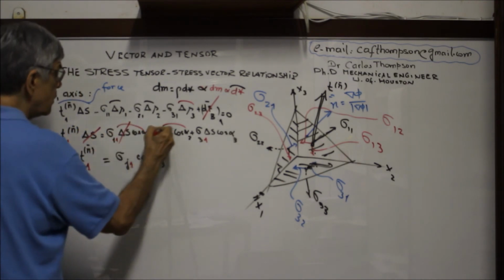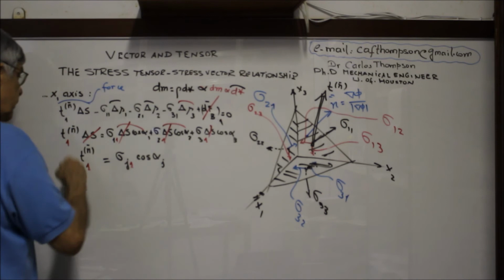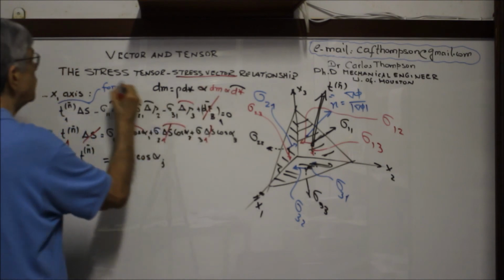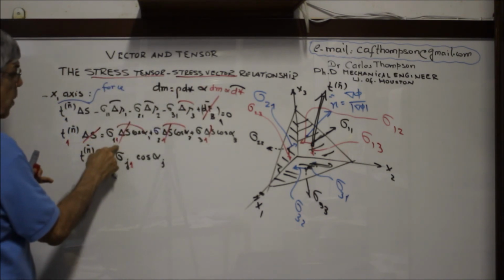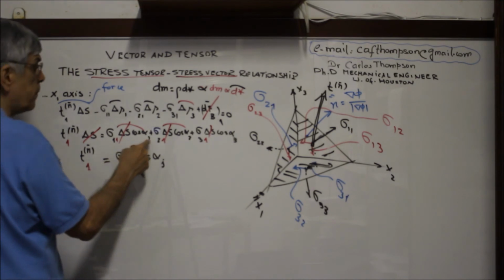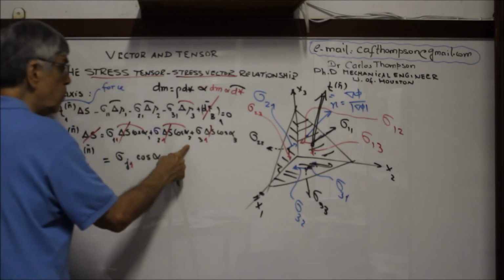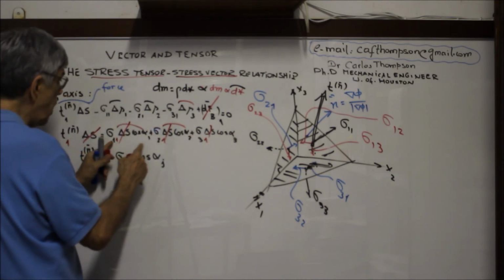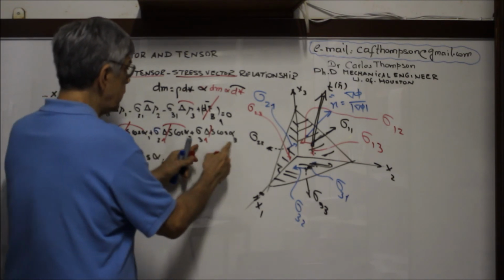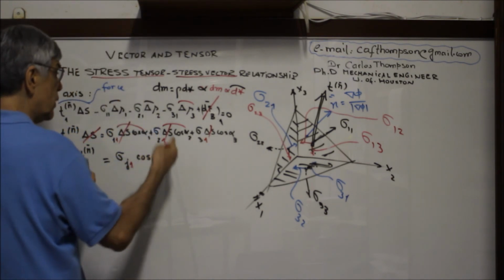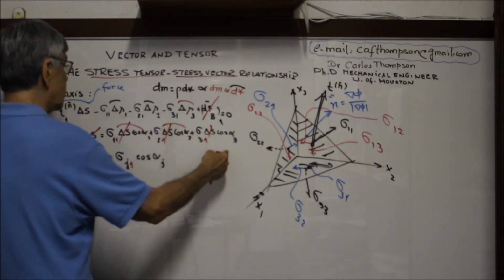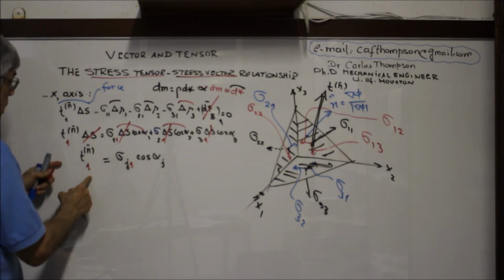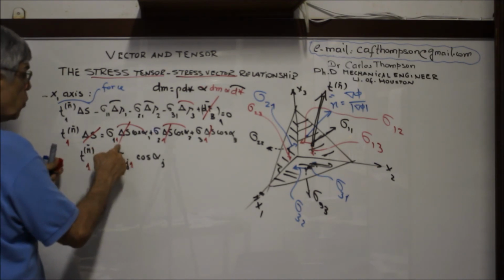So we can cancel all this delta S. Then there's a relation between the stress vector and the stress tensor: sigma 1 j cosine alpha j, summed over j equals 1, 2, and 3. We can represent it with a dummy index j, and this 1 is still a free index.